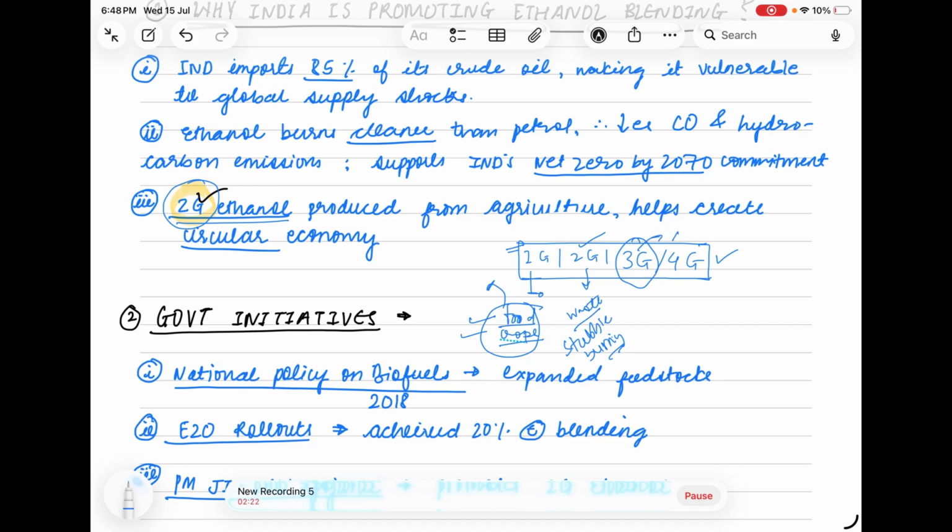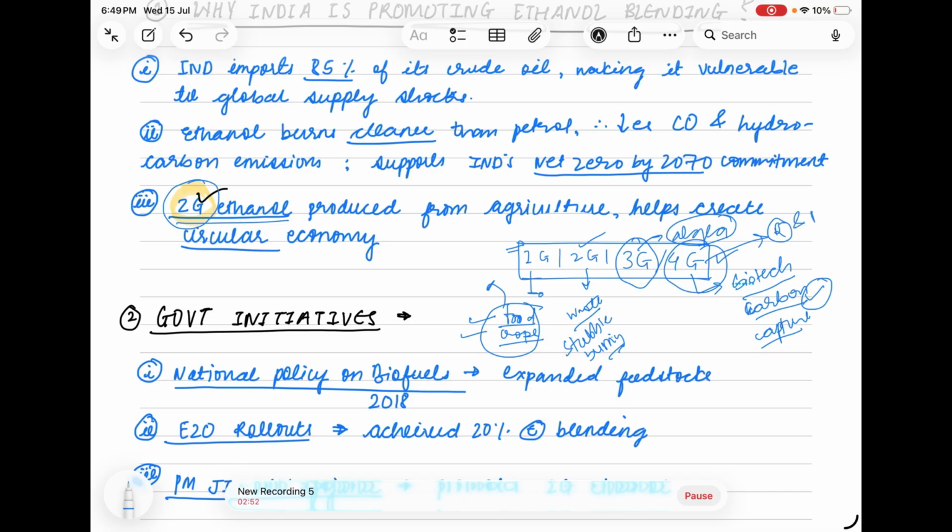In the first generation, food crops always raise a debate about hindering food security. So 2G ethanol talks about waste, right? Converting waste into fuel, correct? This will also help with the issue of stubble burning.